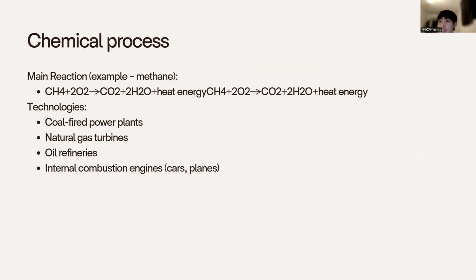This reaction releases carbon dioxide, water, and significant heat. It powers everything from coal-fired power plants to cars and airplanes through internal combustion engines. Technologies involved include natural gas turbines, oil refineries, and also coal power stations.